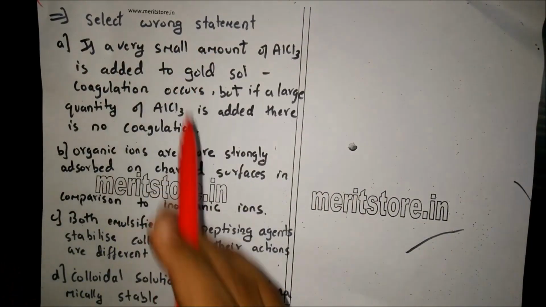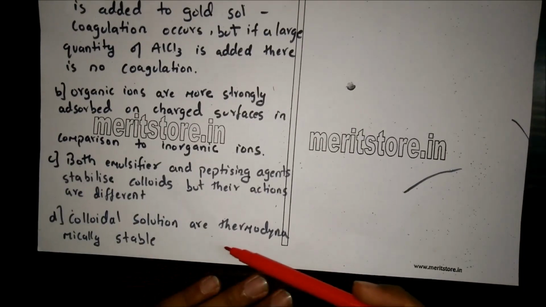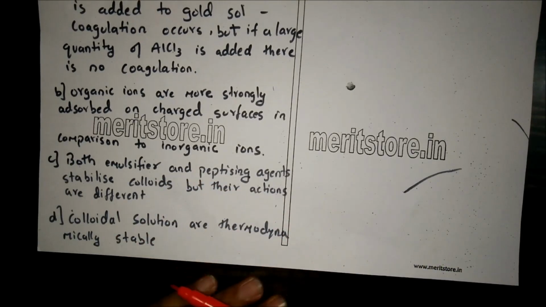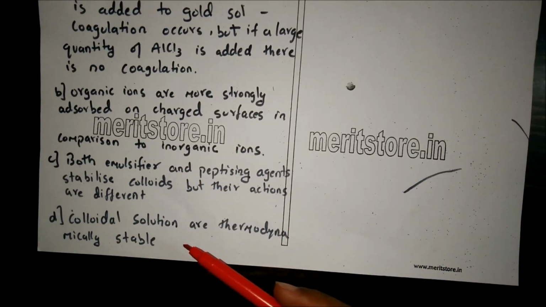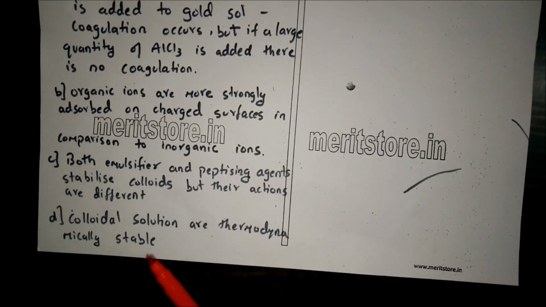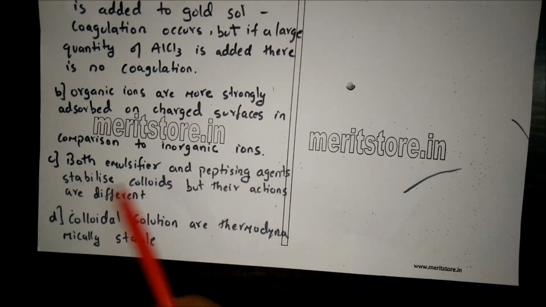Select the wrong statement. We'll look at each statement one by one. In D, colloidal solutions are thermodynamically stable. Yes, this is actually true. Now, in option C, both emulsifier and peptizing agents stabilize colloids, but their actions are different. Yes, this is also true, since they both stabilize colloids, but in a different way.